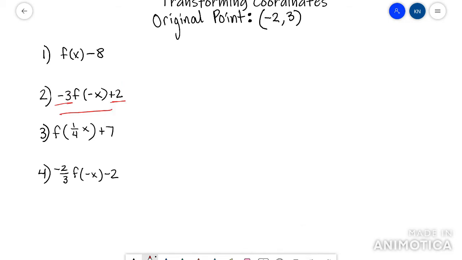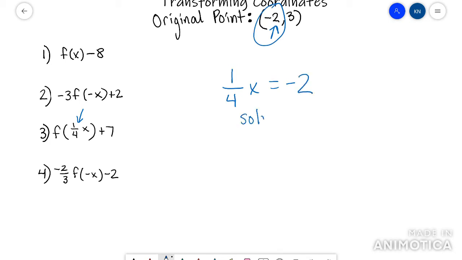All right. Now, the hard part is the inside, like this 1/4. It's going to affect the x, but in order to solve it, you basically have to set it equal to your current coordinate, -2, and then solve for x.